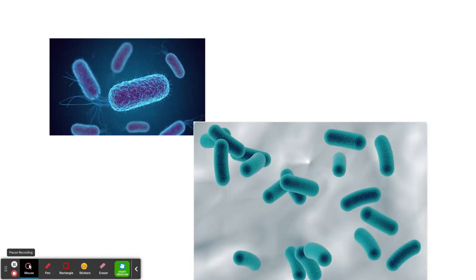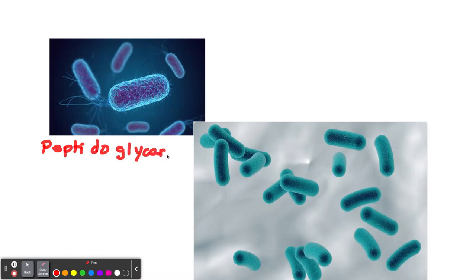For one, and I'll write this down, let's get our pen going. Let's use red. Only bacteria have peptidoglycan. I'll write it down for you. Say it a few times, you'll get it too. Do it slow. Peptidoglycan. And I'm separating the words so you can look at how it's pronounced.